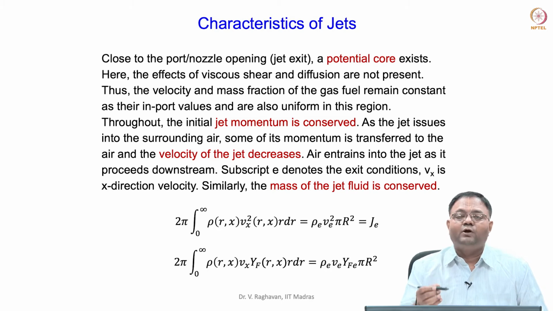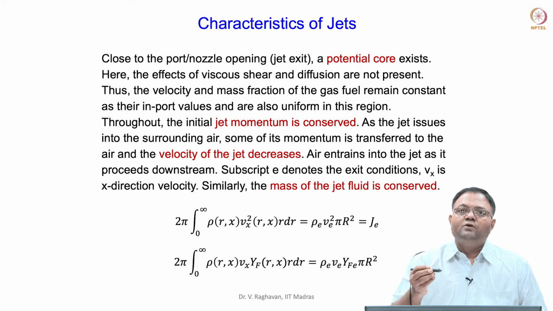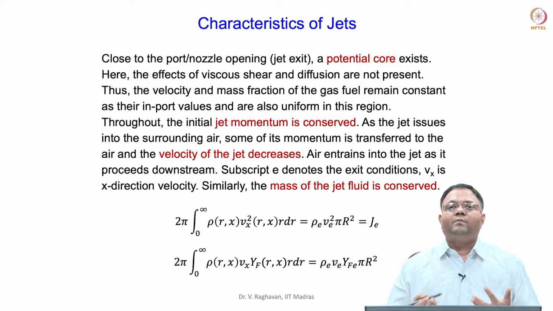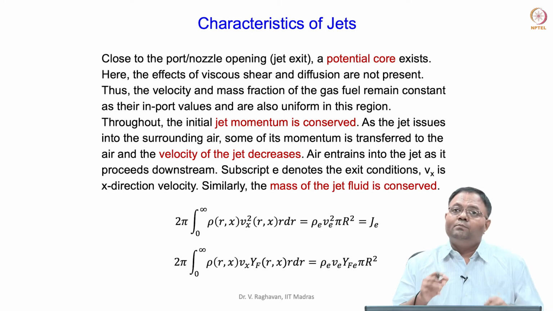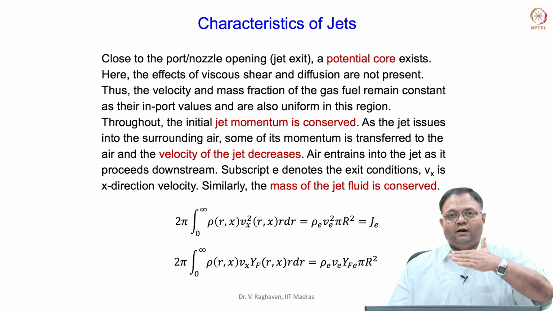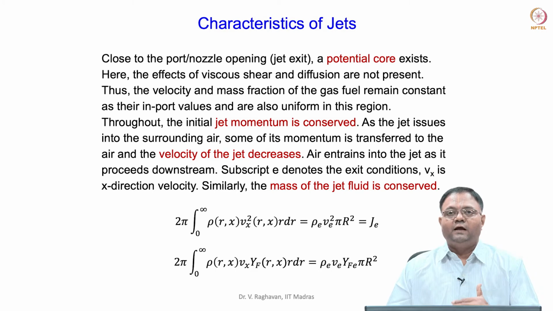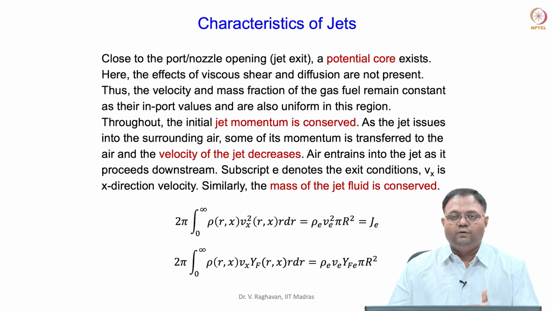Why am I saying this? Because you can see that jet momentum is conserved while velocity is decreasing. Momentum is conserved because of the addition of mass. That means the air entrains into the jet, so the mass increases at any station. If you see the exit of the nozzle or the port, you will see only fuel is present there.